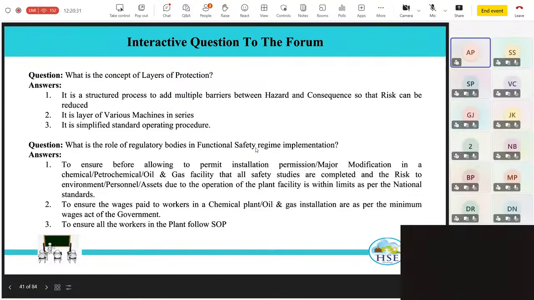There are three answers given here. After part one, question number one becomes applicable. We are taking a break for 10 minutes.